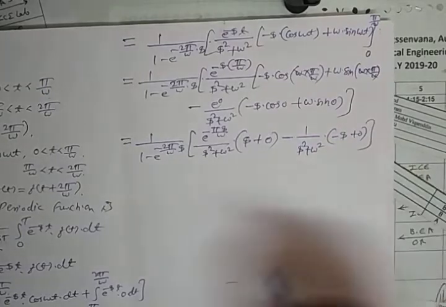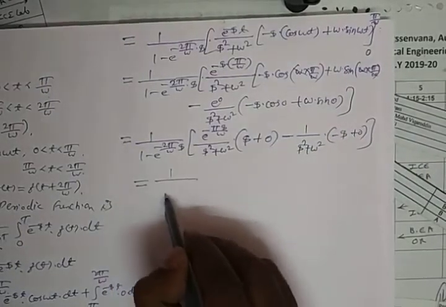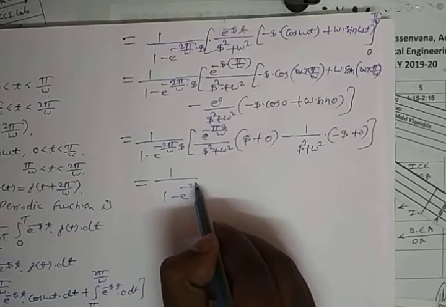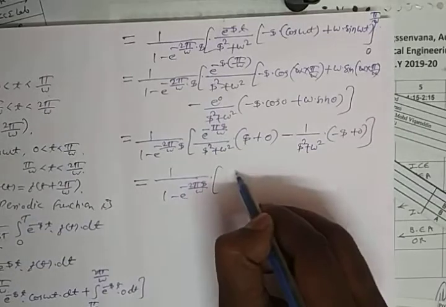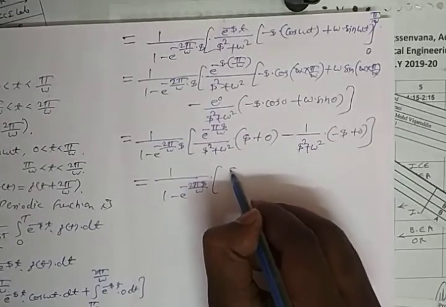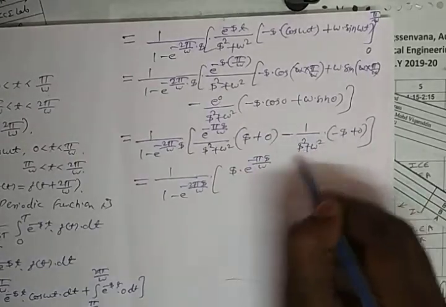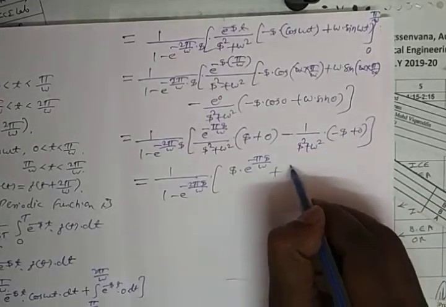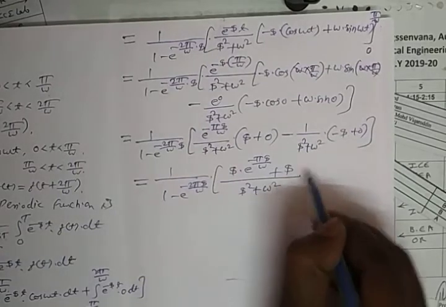Finally this can be written as 1 upon 1 minus e raised to minus 2 pi s by omega in bracket, here what we get? s e raised to minus pi s by omega, okay, minus plus, this will be s upon s square plus omega square.